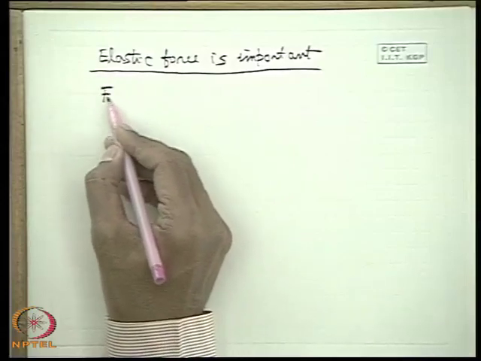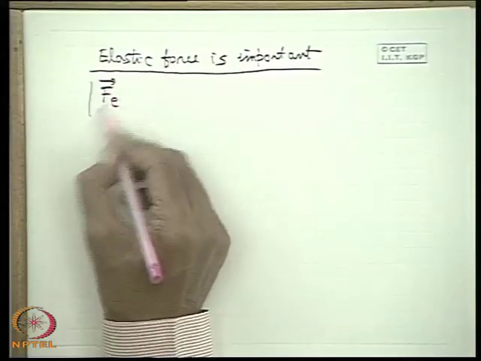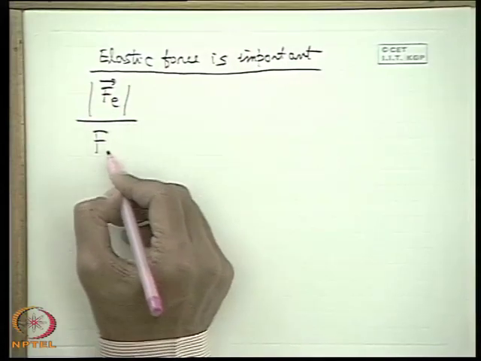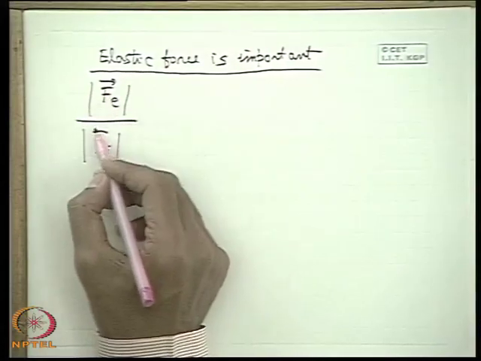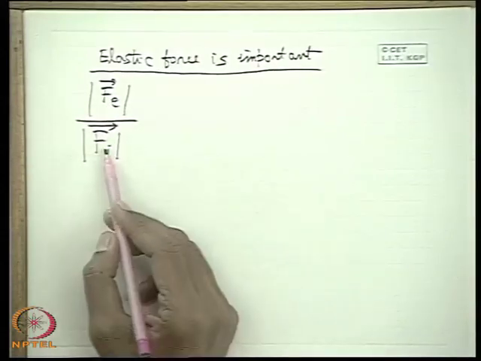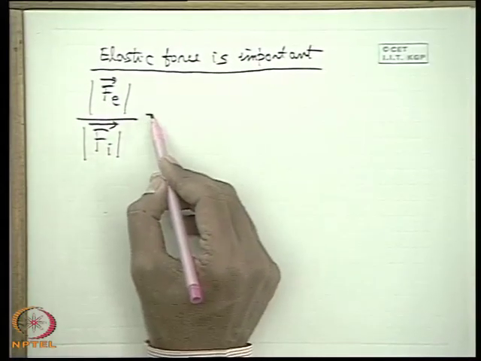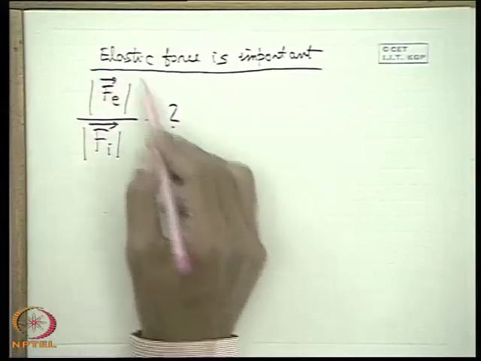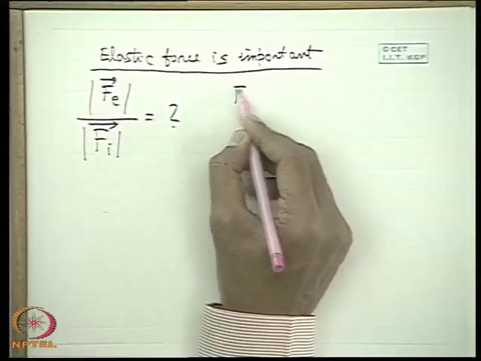Now in that case, the magnitude ratio of elastic force to the inertia force, that means magnitude of elastic force divided by that of inertia force, is the dynamic similarity criteria. What is this? Very simple.